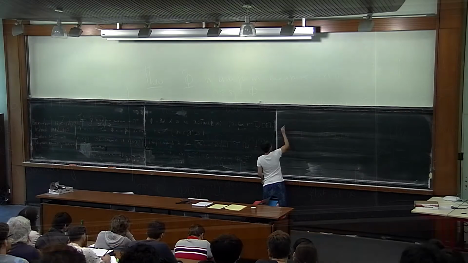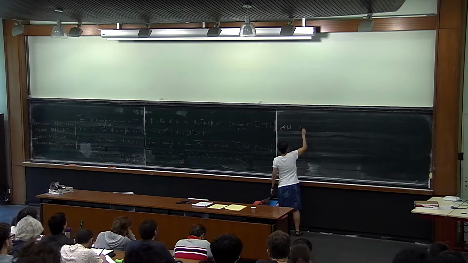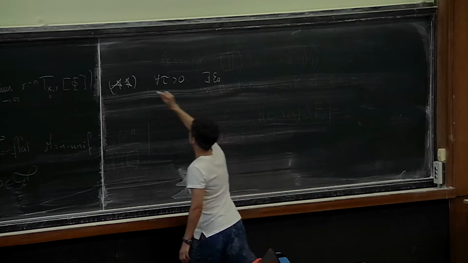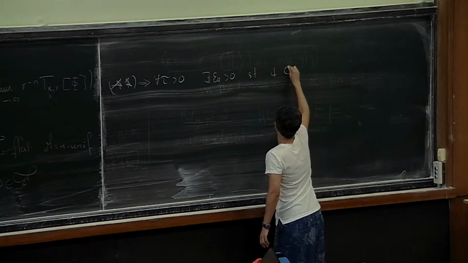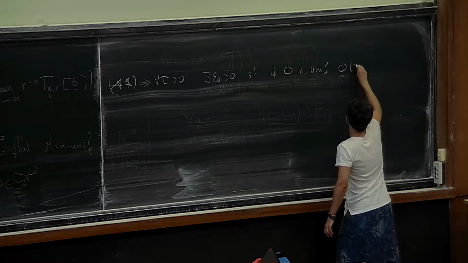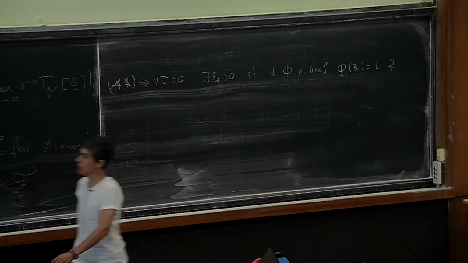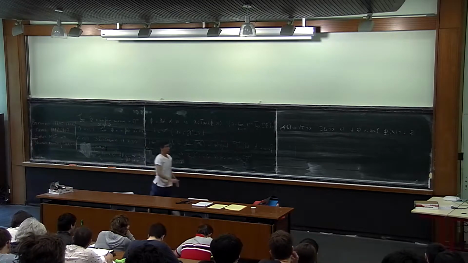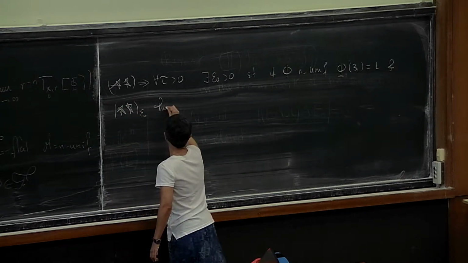We showed that for every tau bigger than 0, there exists an epsilon 0 positive, such that if phi is n uniform, phi of the unit ball is 1. And let me call these double star epsilon 0 so that you keep it in mind. And double star epsilon 0 holds.